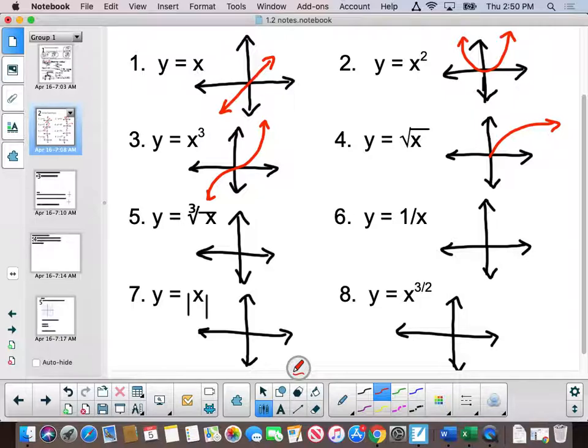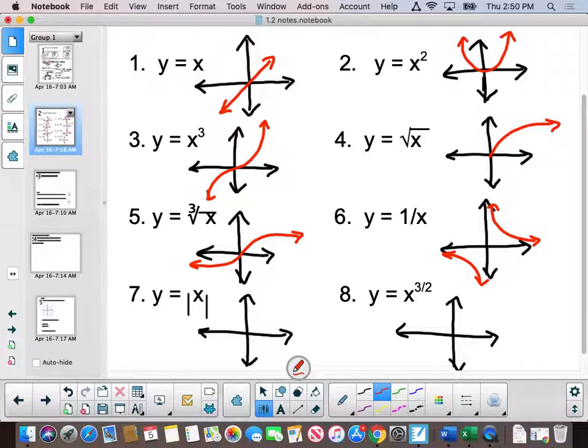The cube root of x is the inverse of x cubed. It starts down here and goes back up. Sideways snake. The 1 over x is a hyperbola. It's in the first quadrant and in the third quadrant. 1 over x.